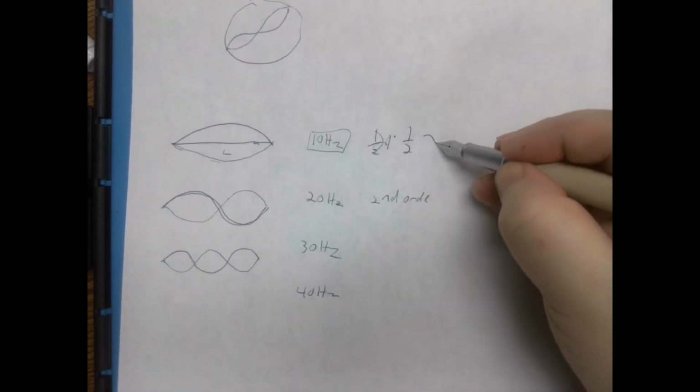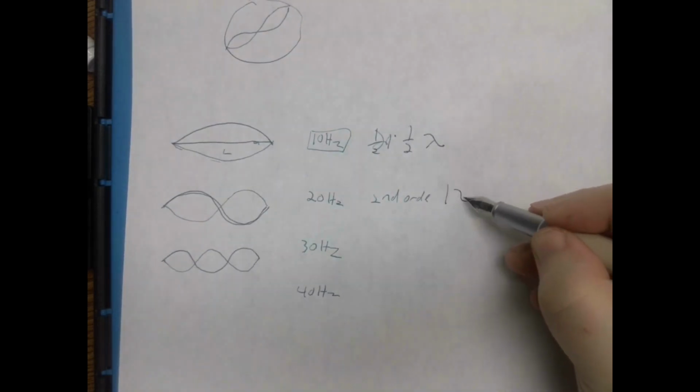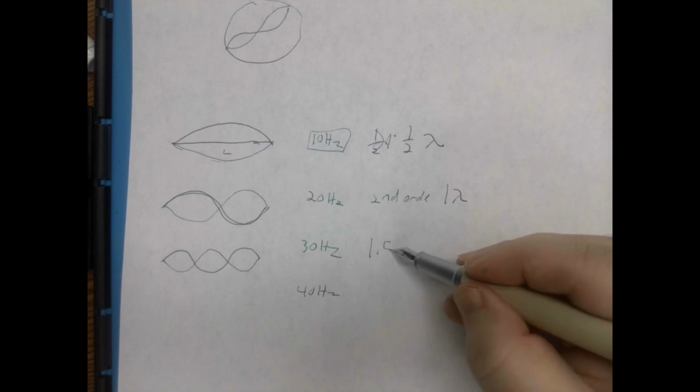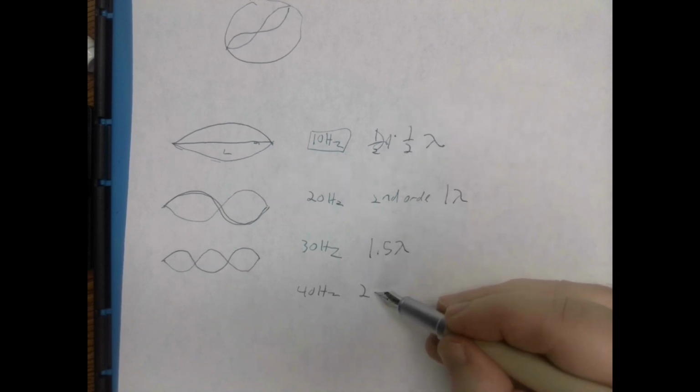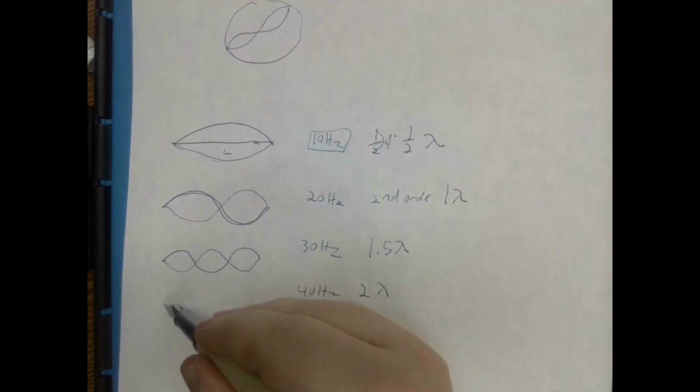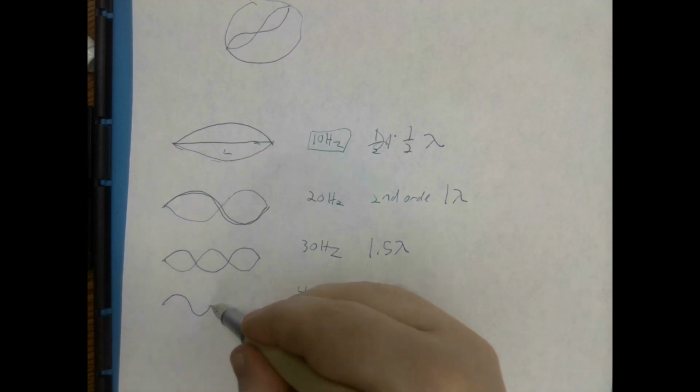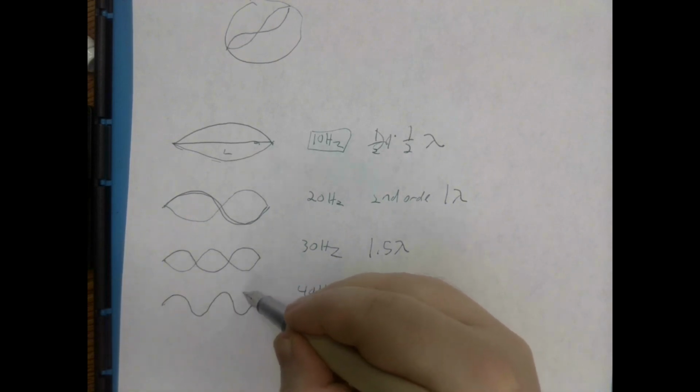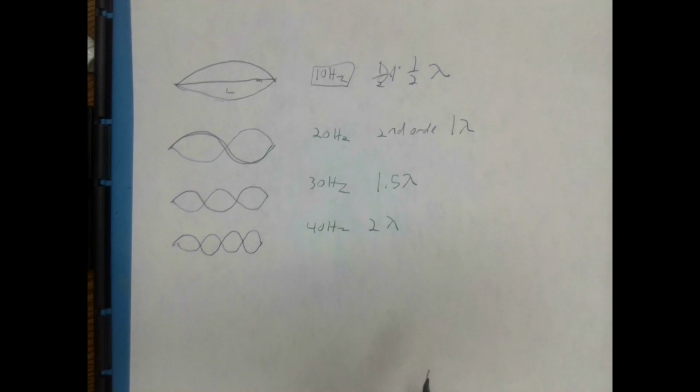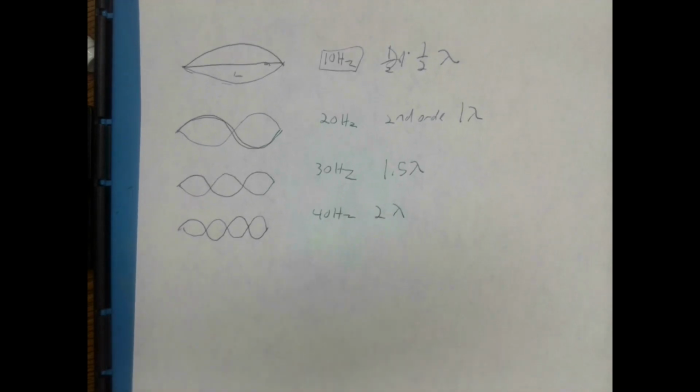So half lambda. This would be 1 lambda, this would be 1.5 lambda, and this would be 2 lambda, twice the wavelength. Things like that.